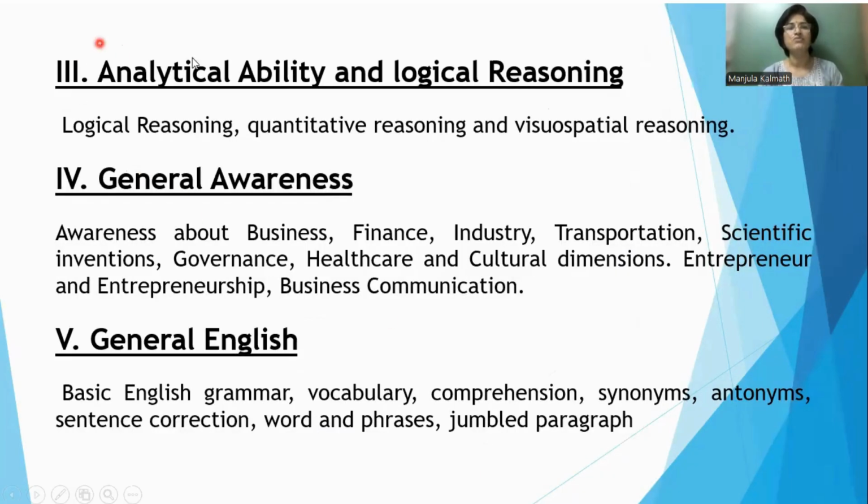Then we have analytical ability and logical reasoning. This is very interesting and a brainstorming concept: logical reasoning, quantitative reasoning, and visual spatial reasoning. The diagrammatic part means we have analogy, comparison of different diagrams, values, and so on.